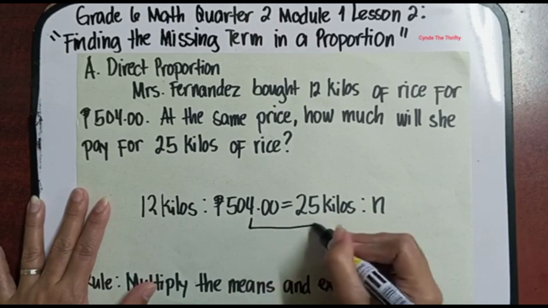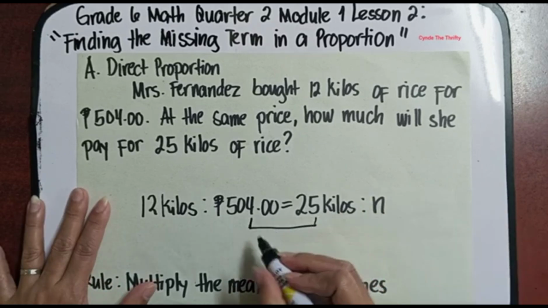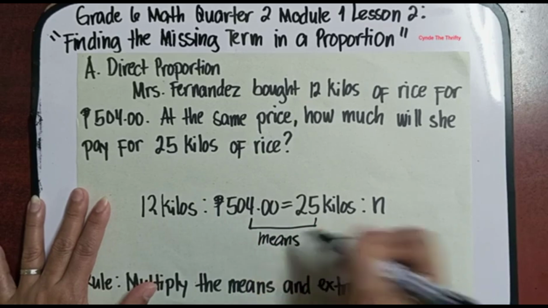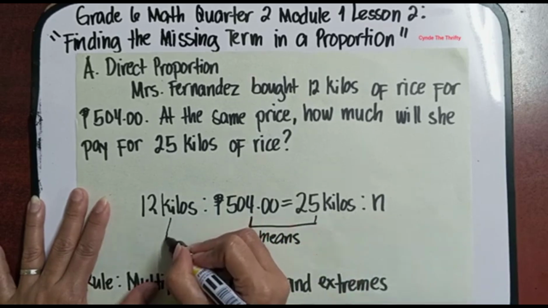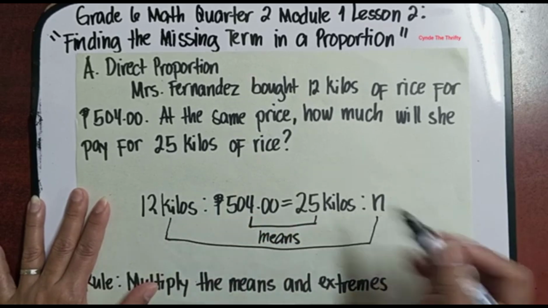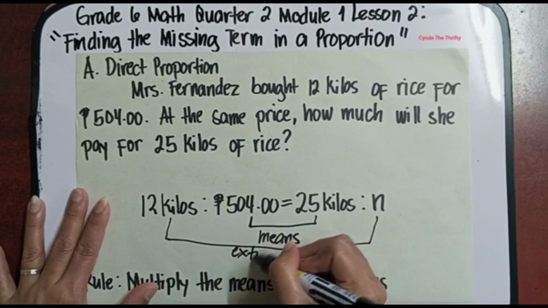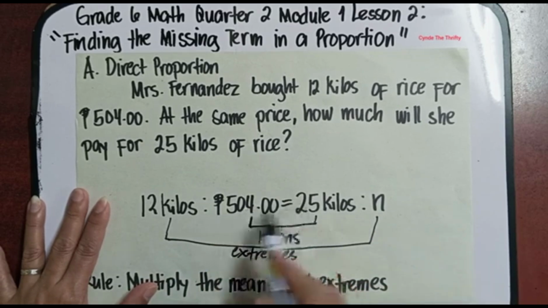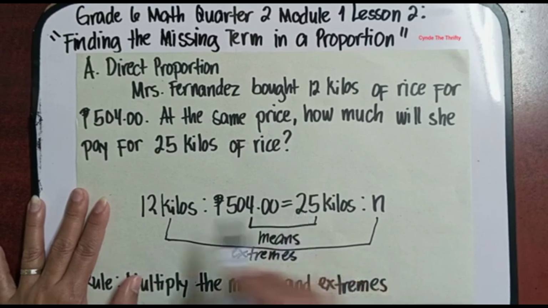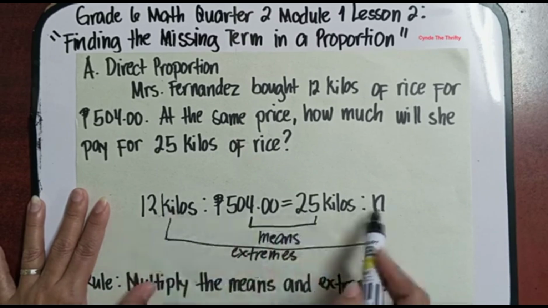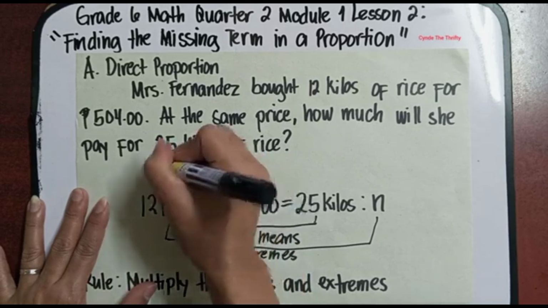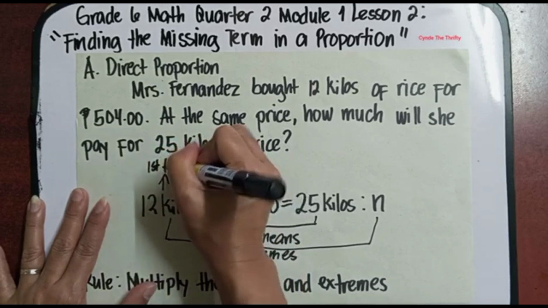Itong number dito na nasa gitna is tinatawag natin itong means. Okay? At ito namang nasa labas na mga number is tinatawag nating extremes. Okay, so tandaan nyo ha, ang number na nandito sa gitna is tinatawag nating means at ang number na nasa gilid is tinatawag nating extremes. Ito naman is tinatawag nating first term.